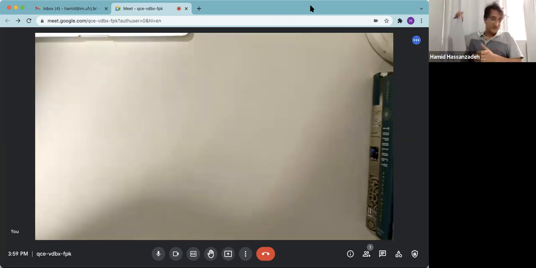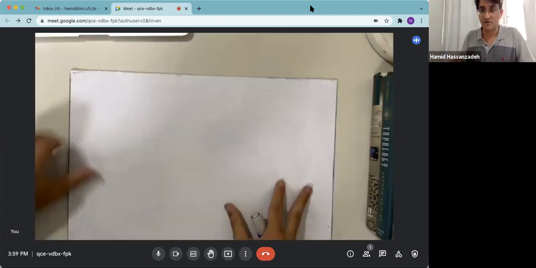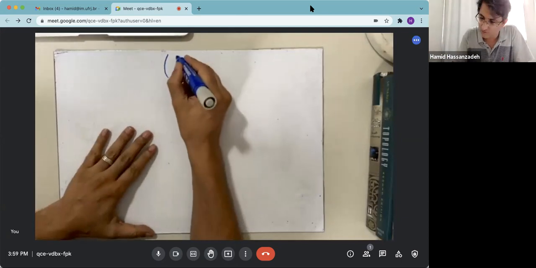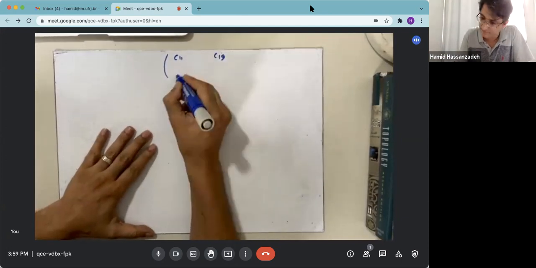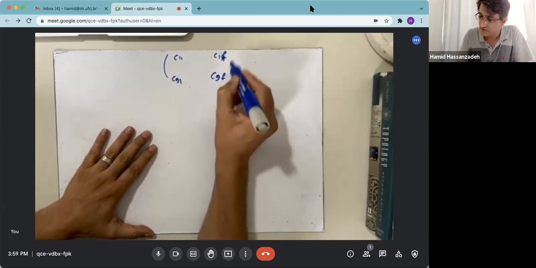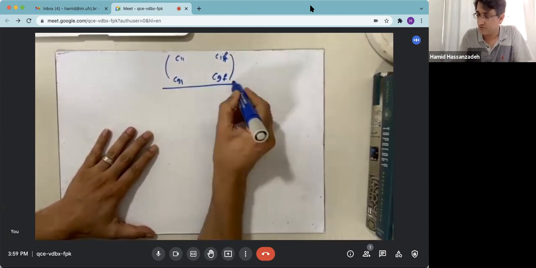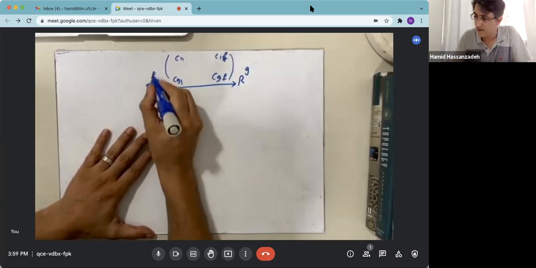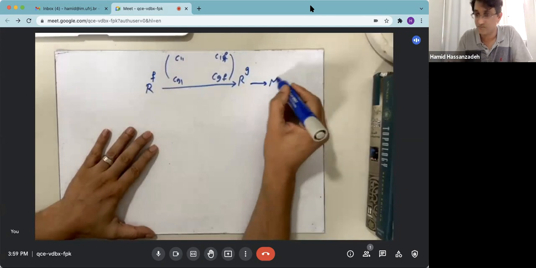Okay, so what Buchsbaum-Rim thought was the following. You have a matrix, C11, C1g, C1f, up to Cg1, Cgf. So this matrix seems to be the beginning of a resolution of the module M, which is the cokernel.